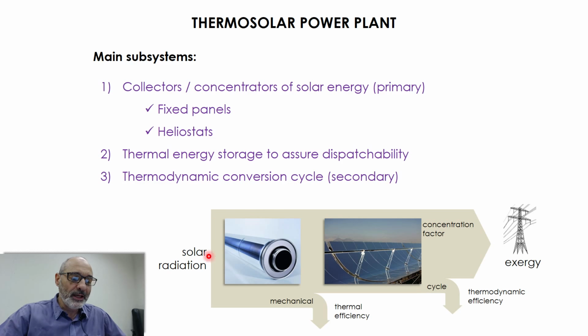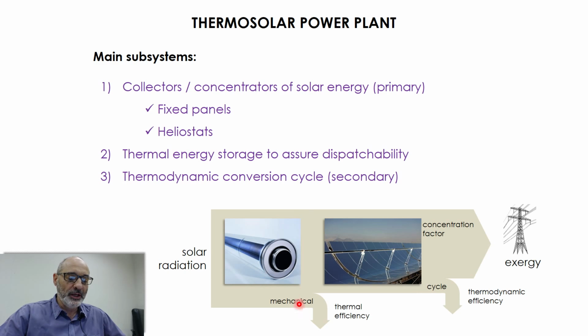If we take a look at a Sankey diagram of the incident solar energy linking to the surplus energy, you see that you have losses, by the way, okay? And those losses are related to the collectors/concentrators.